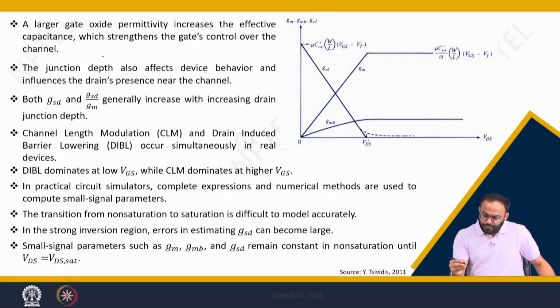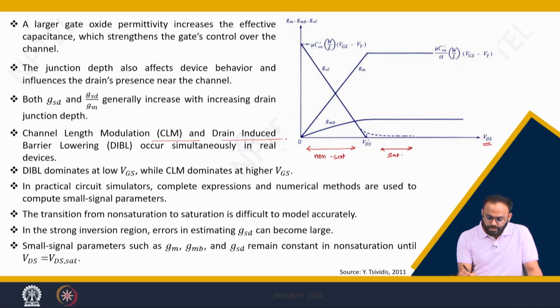So, if we plot these parameters with respect to VDS, considering this is the non saturation region and this is the saturation region, we plotted this graph including the behaviors of channel length modulation and drain induced barrier lowering to reduce the error.